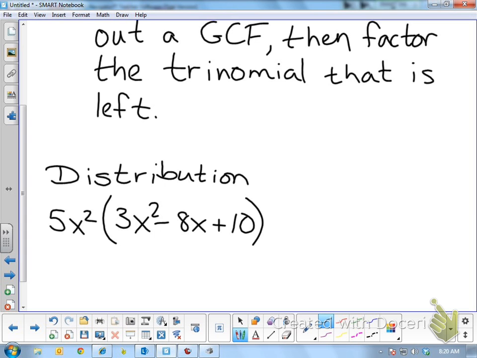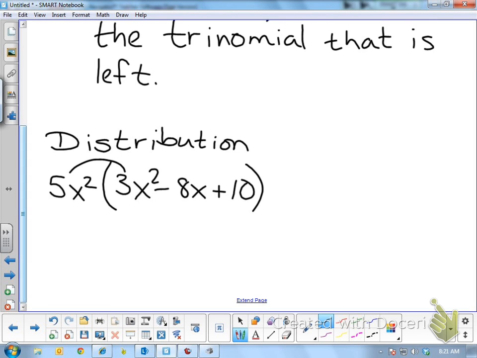We know how to distribute this. We're multiplying things together, and when we distribute, we multiply the coefficients together, add the exponents. So we multiply 5 times 3, 15, but we add the exponents. So what is my new exponent? 4. So then we multiply again. 5 times negative 8.